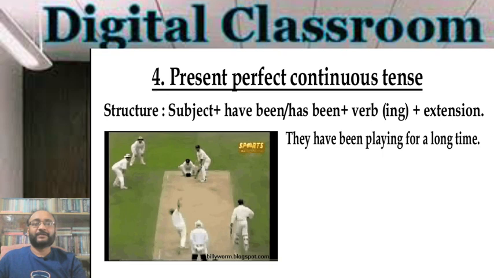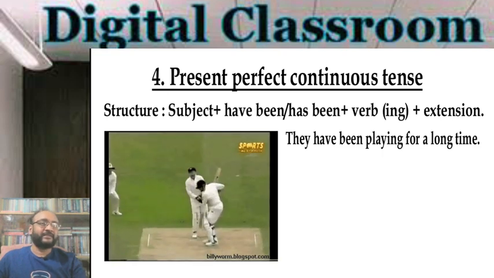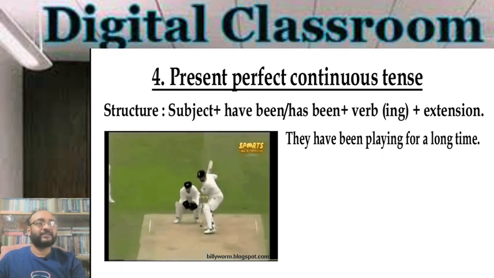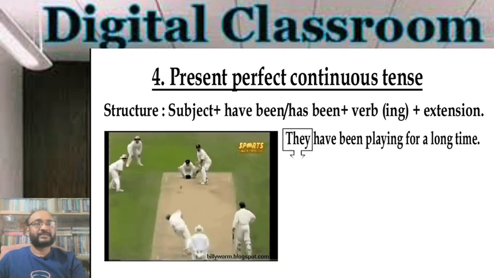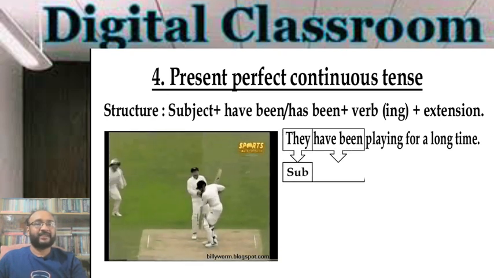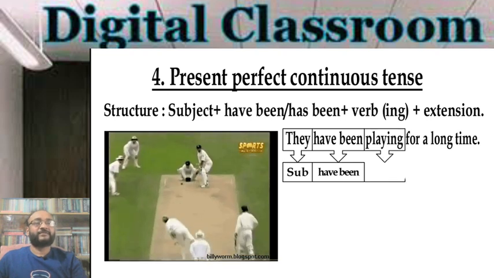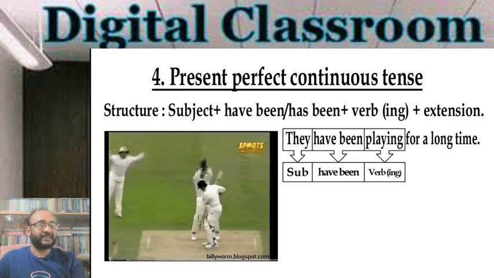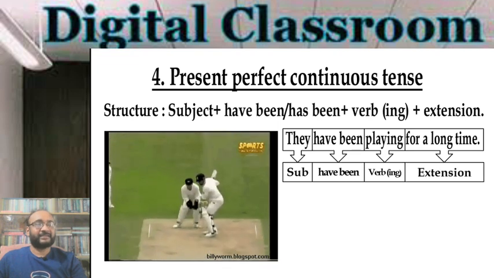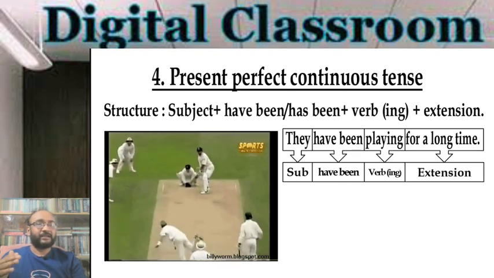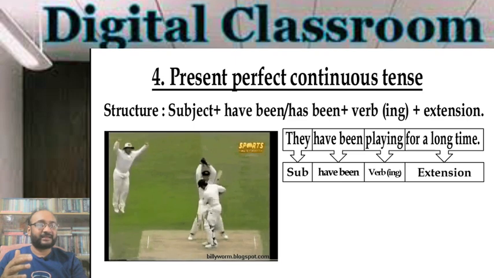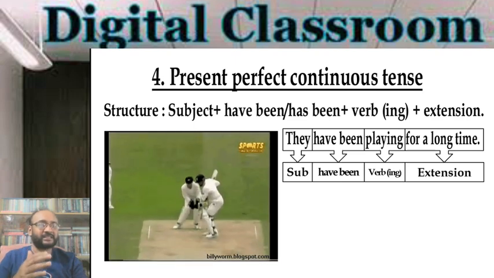Okay, so they have been playing for a long time. So subject, they, have been what? Auxiliary verb, and playing is verb ing, and extension, and time you will see. 2 hours, 3 hours, like that. You have to use for or since.